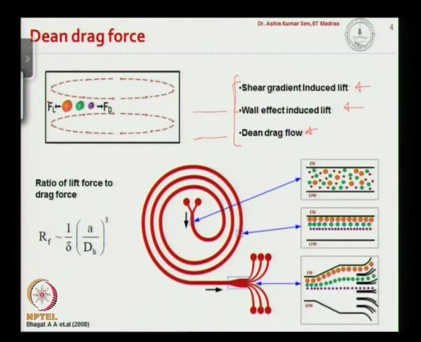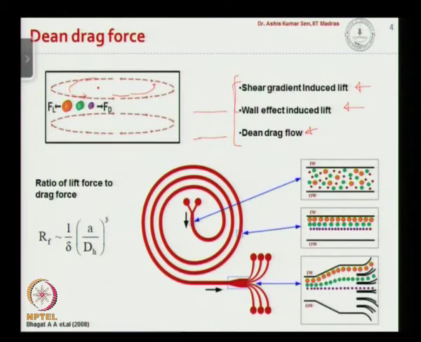Then, because the speed of the liquid is higher at the center, the liquid tends to move outward closer to the channel wall, and to satisfy mass conservation the slow moving liquids come back towards the center.